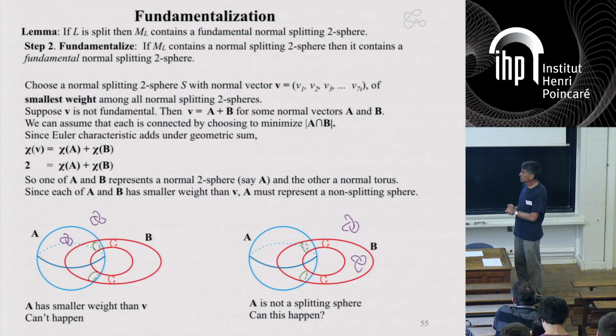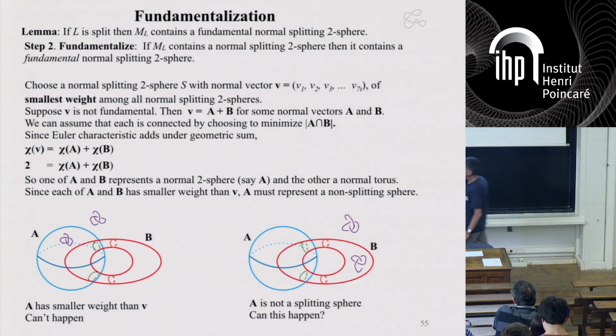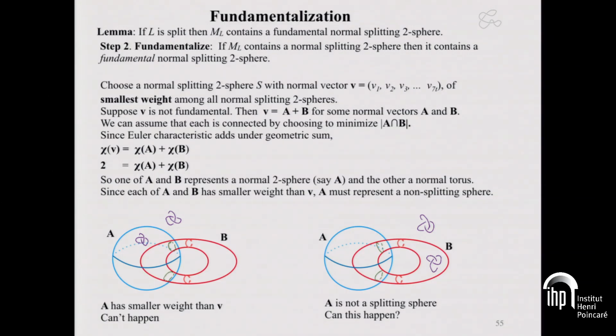If A is a two-sphere, why can't we use that? Well, we could if it happened to separate the two links, but it can't because it has smaller weight. We started with a minimal weight one, and the weights add, so A must have smaller weight. So the two-sphere does not separate the two components. The union of the two-sphere and the torus separates them.